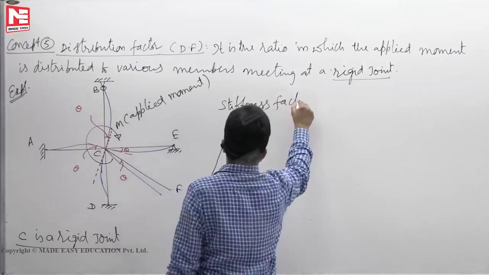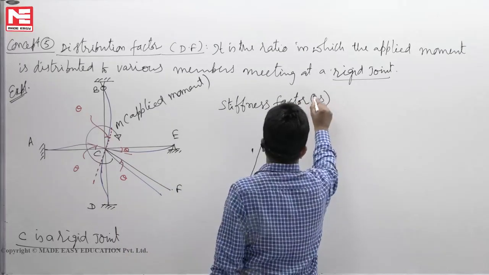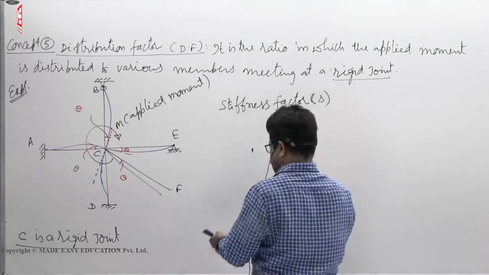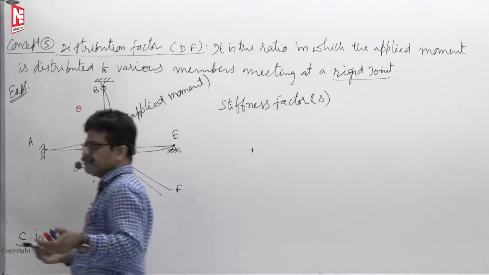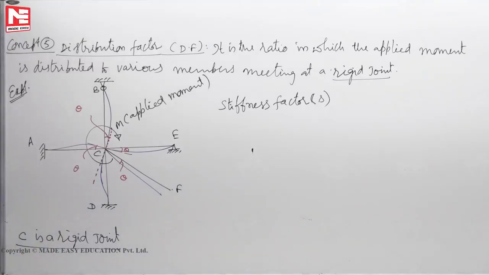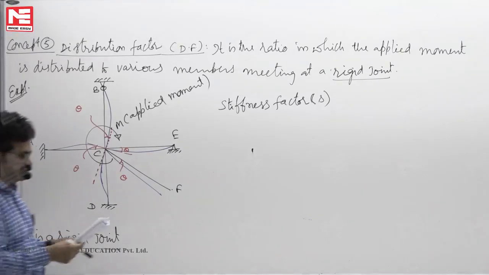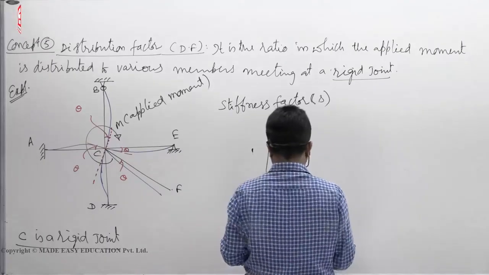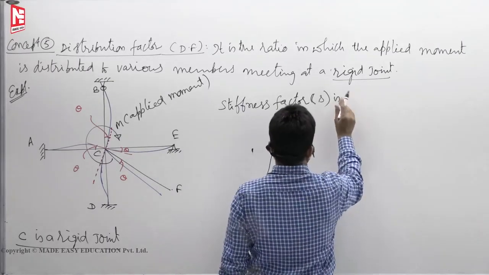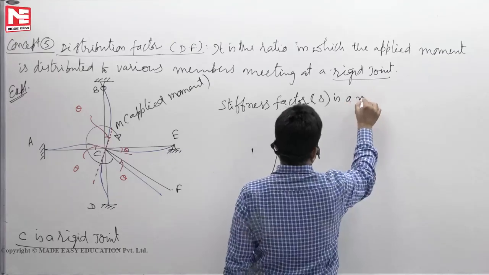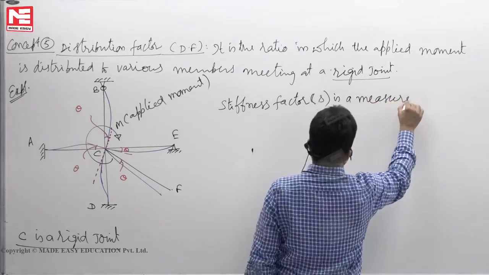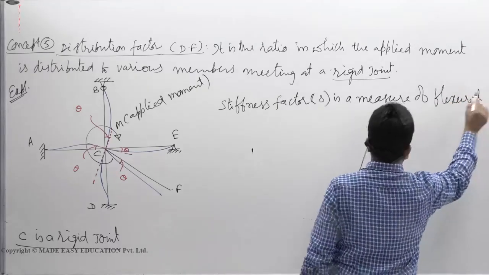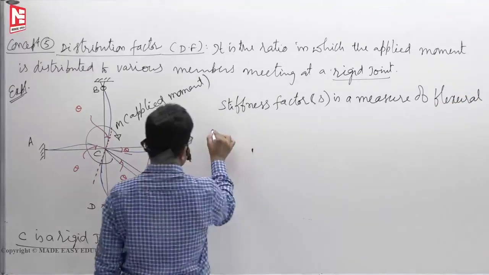Stiffness factor S decides the flexural strength of a member. So stiffness factor S is a measure of flexural strength of a member.